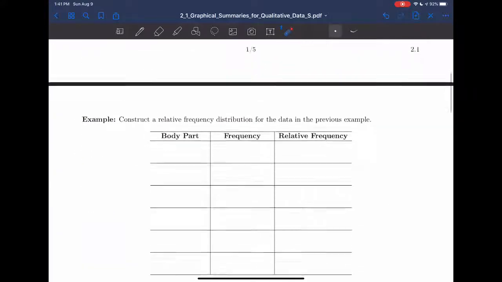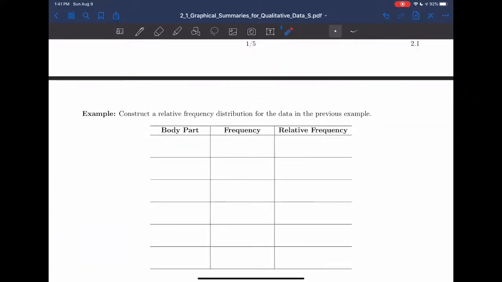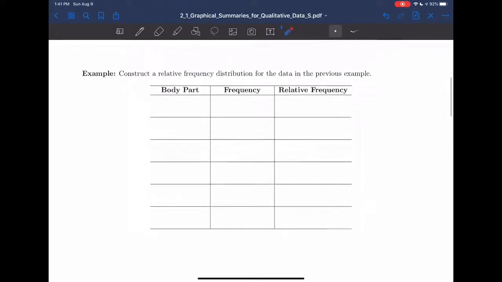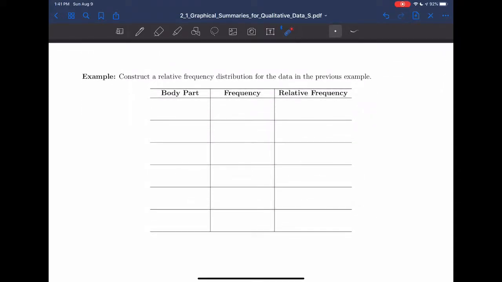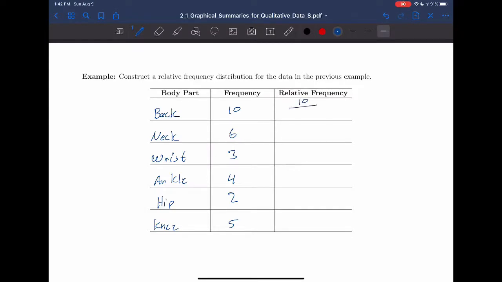Okay, so let's construct a relative frequency distribution from the previous example. So we had back, neck, wrist, ankle, hip, and knee, and this was 10, 6, 3, 4, 2, 5. For a relative frequency, remember this is the frequency of that category, which is 10, over the sum of all the frequencies, which is 30.